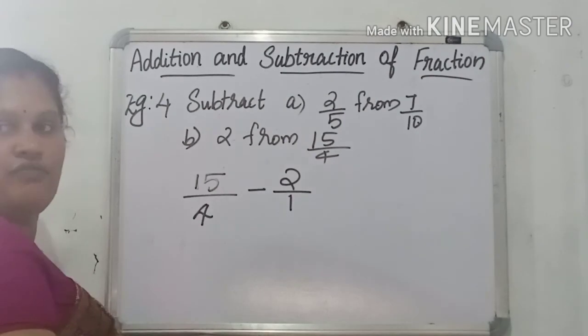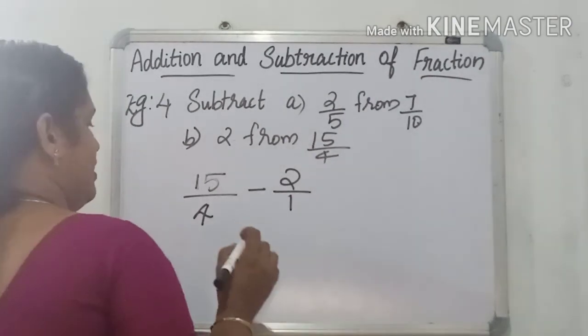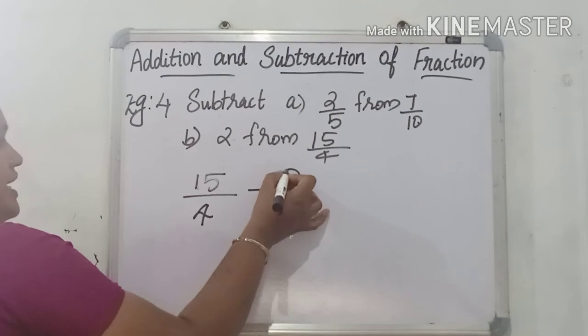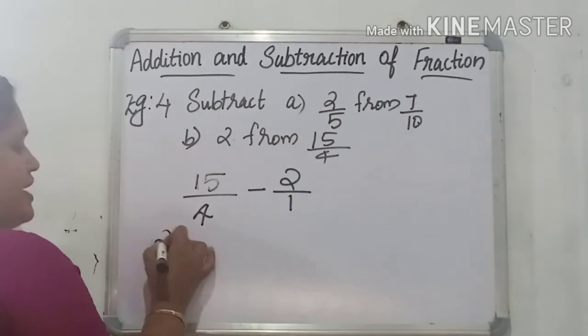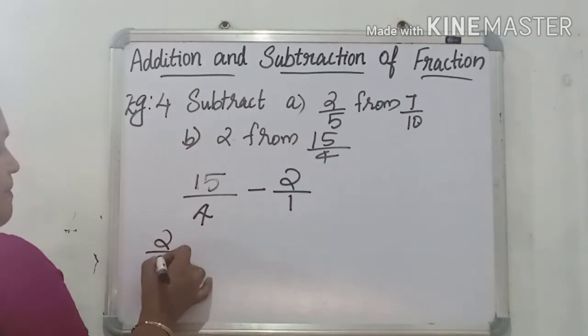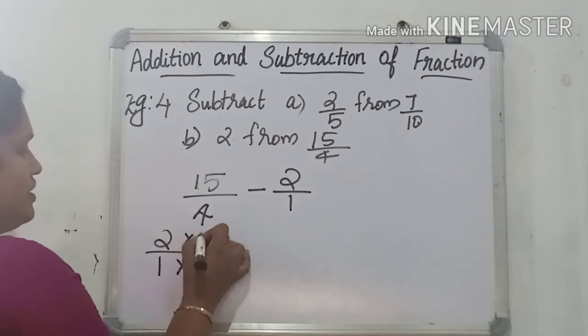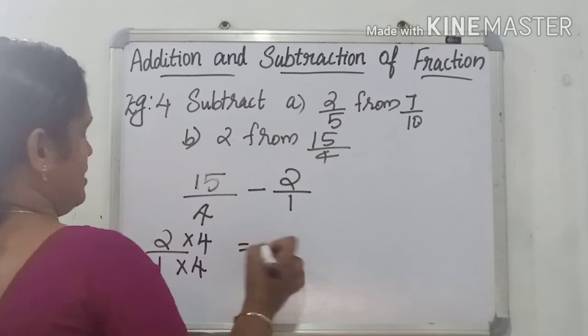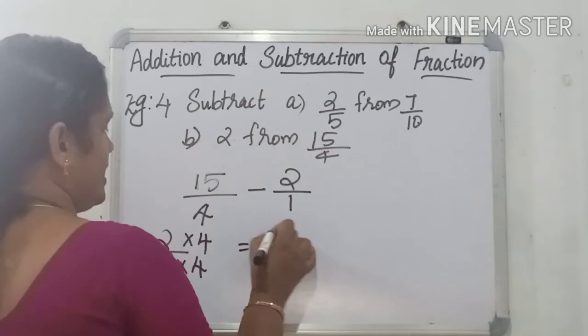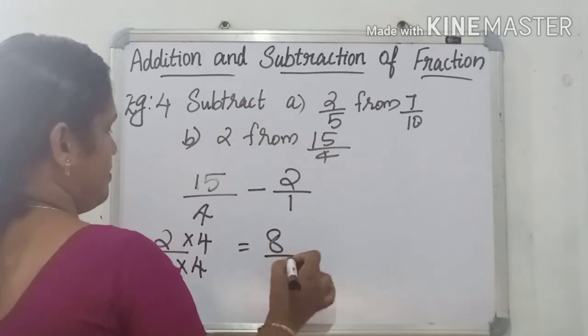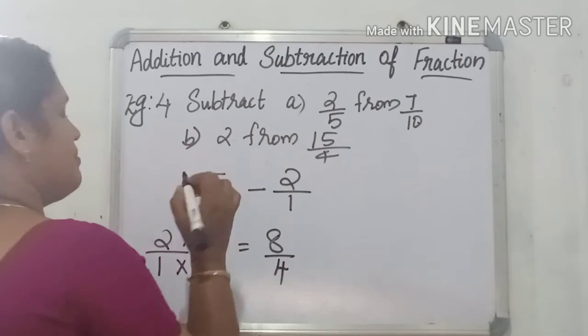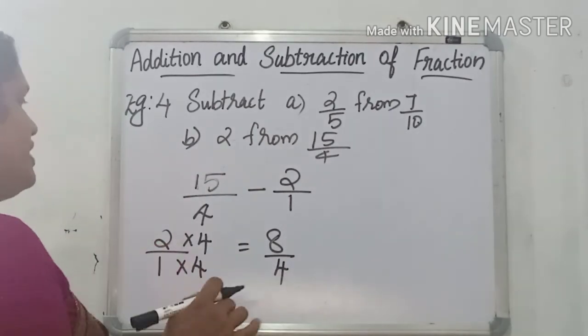LCM of 1 and 4 is 4 itself. So we can convert this fraction 2 by 1 into 4, which is equals 4 2s are 8 by 4. 15 by 4 equals 15 by 4 itself.